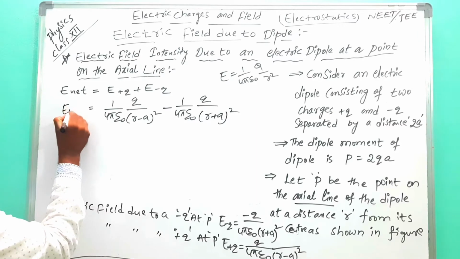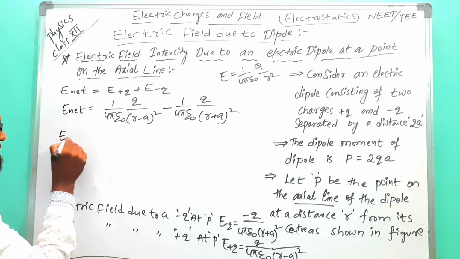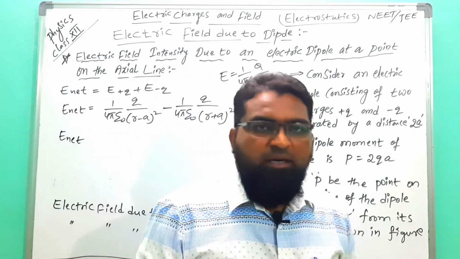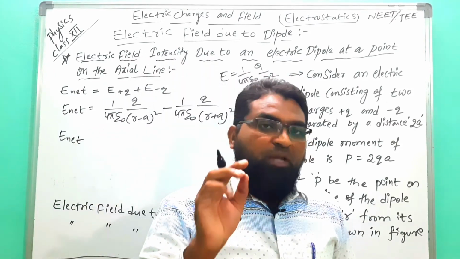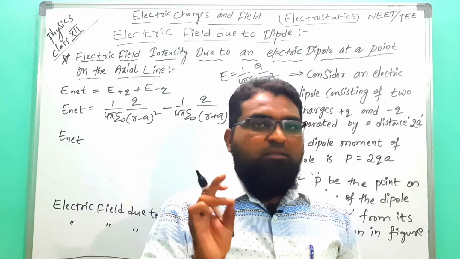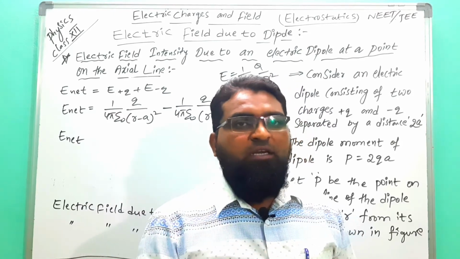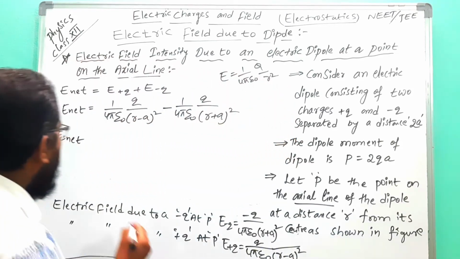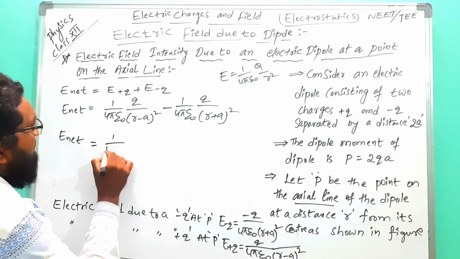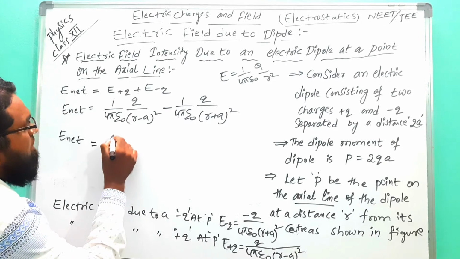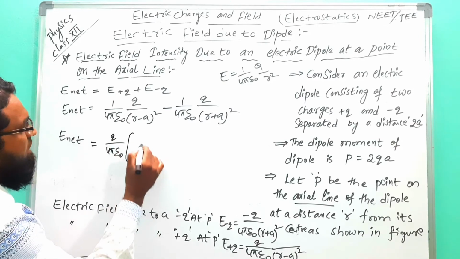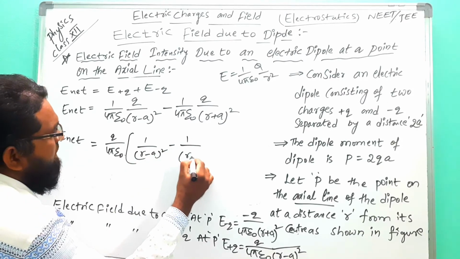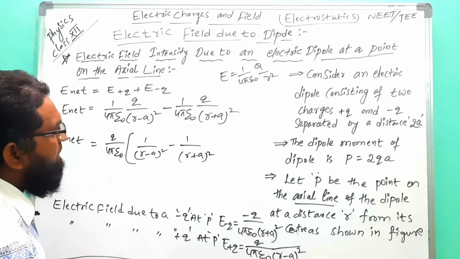So we are finding E net. Students, this video is very important. The axial line electric dipole moment is very useful in NEET and JEE and BITSAT also. So E net equal to 1 by 4 pi epsilon naught, q common, 1 by r minus a whole square minus 1 by r plus a whole square.